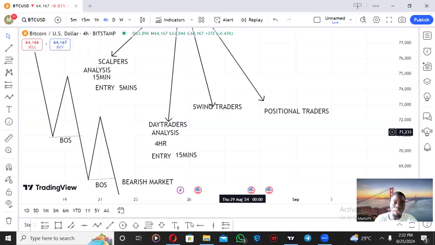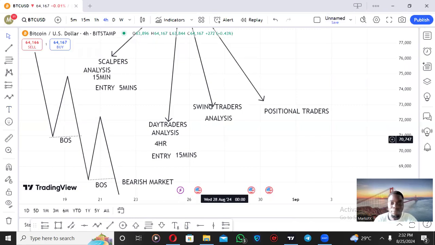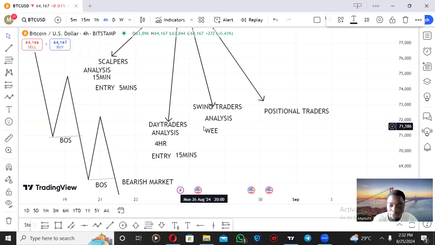Swing traders, they do the analysis on the weekly and the daily time frame.